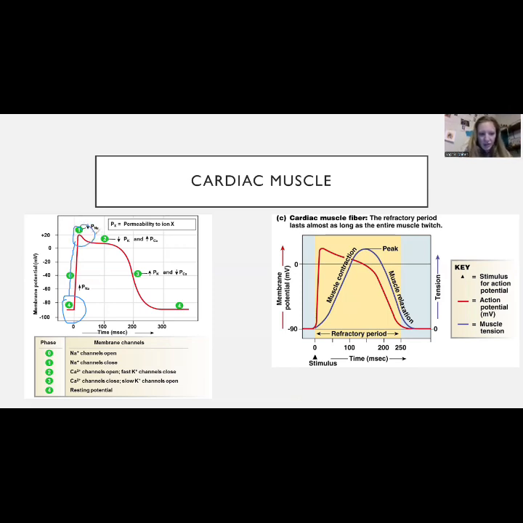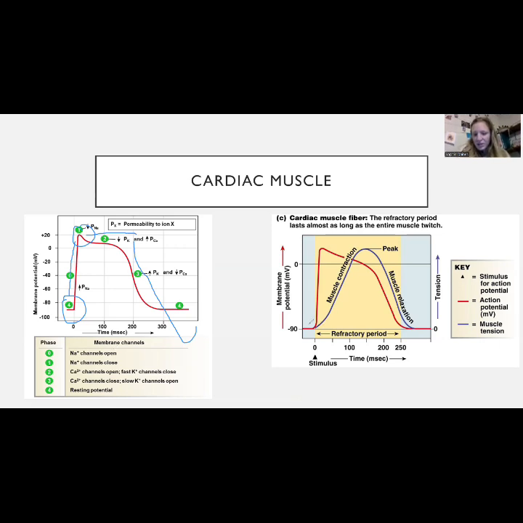And we have the plateau here, where the calcium channels are opening and the fast potassium channels are closing. And this is the extended portion, the plateau. And then we get back to our repolarization here as the calcium channels close and potassium channels open.